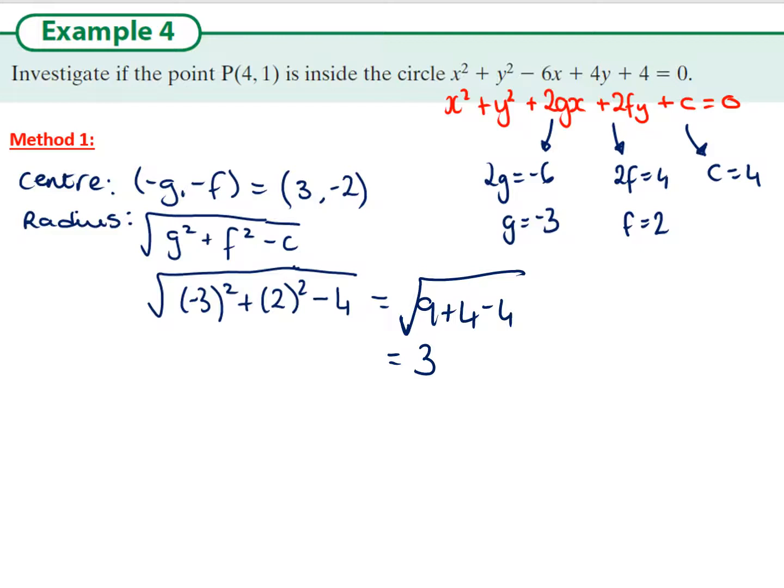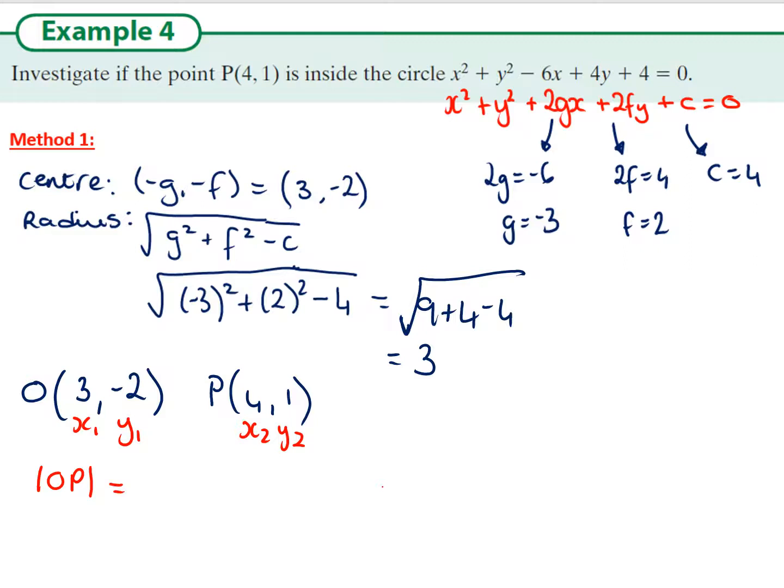So that's my point O that we were talking about in the previous pictures where there were 3 circles, and we're going to measure O to P(4, 1). So I'm going to label it x1, y1, x2, y2. I'm going to measure O to P using my formula on page 18. So this is the distance or length formula: square root of (x2 minus x1) squared plus (y2 minus y1) squared.